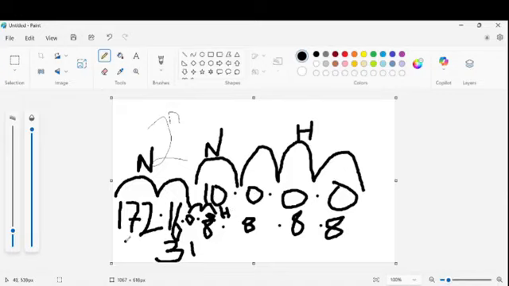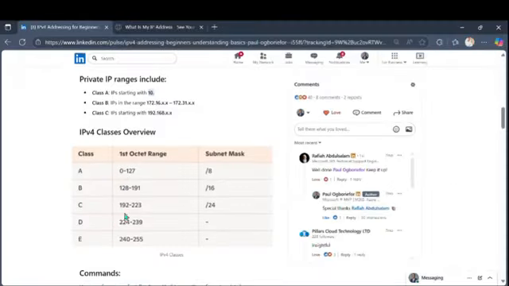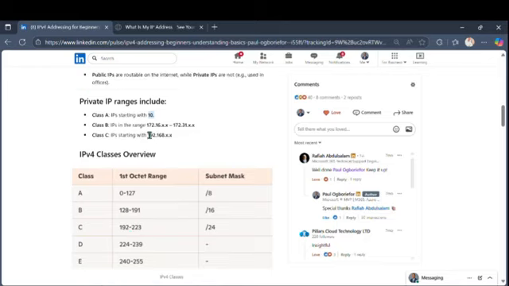In this case, you're having 16 bits for the network area, and you're having 16 bits for the host area. Then we have talked about the class C, which is within 192.168.